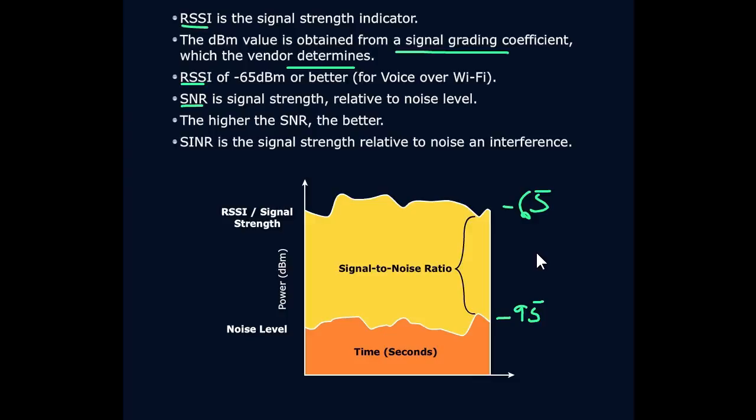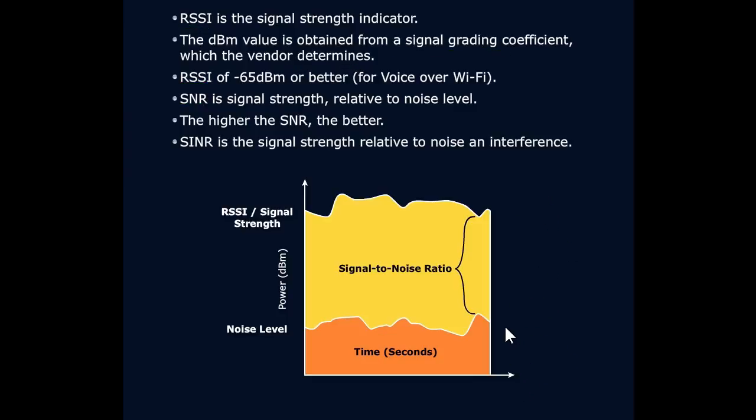So what is our signal to noise ratio? Well, what is the difference between negative 65 and negative 95? That is a value of 30, right? And so we would say our signal to noise ratio is 30. And generally, anything that is greater than 20 is considered a good SNR. In other words, the noise is not a problem.